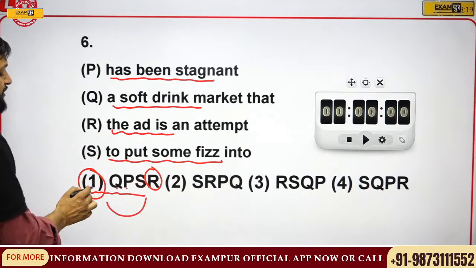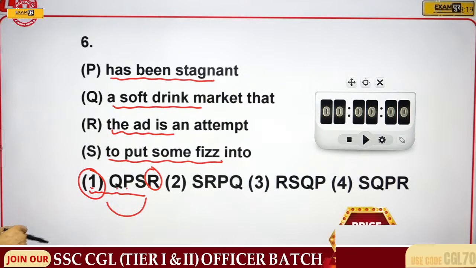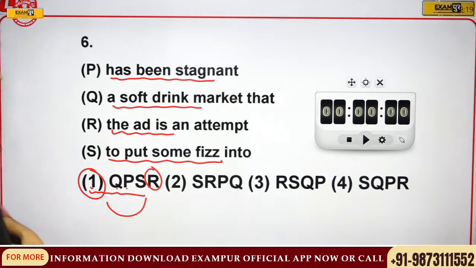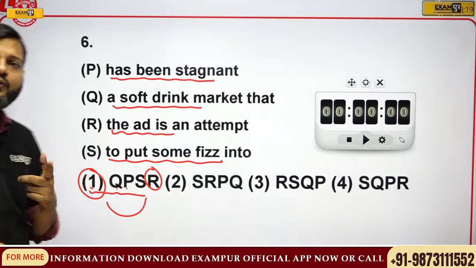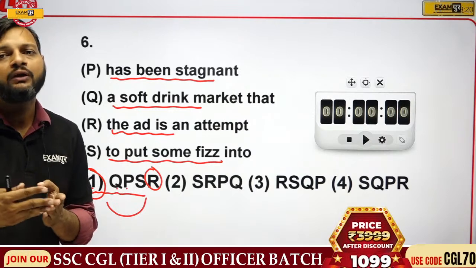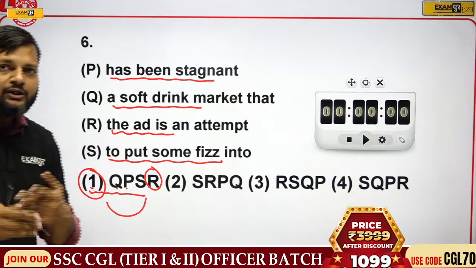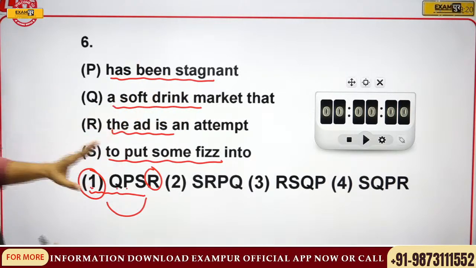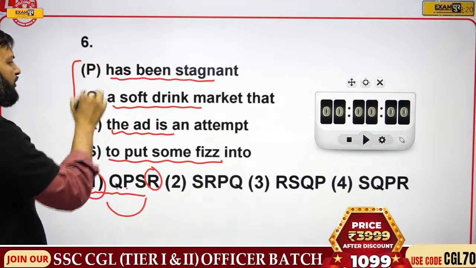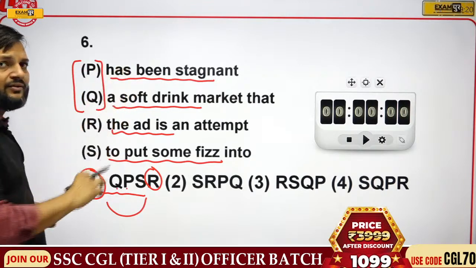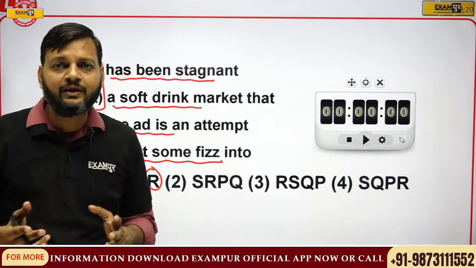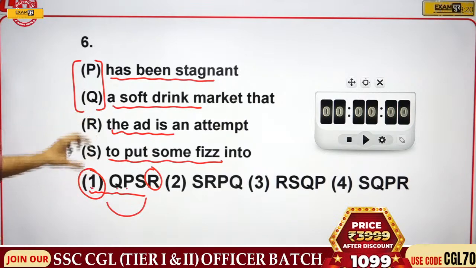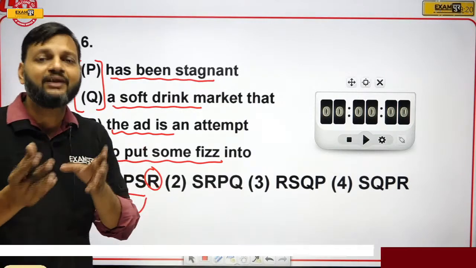If you arrange only two sentences, it may be wrong, because Q and P actually make a meaningful arrangement. Q has a soft drink market that has been stagnant. So if you just read these two sentences it can be a meaningful arrangement, but here we have two more sentences, R and S, so you have to see the feasibility of the remaining sentences also, right?